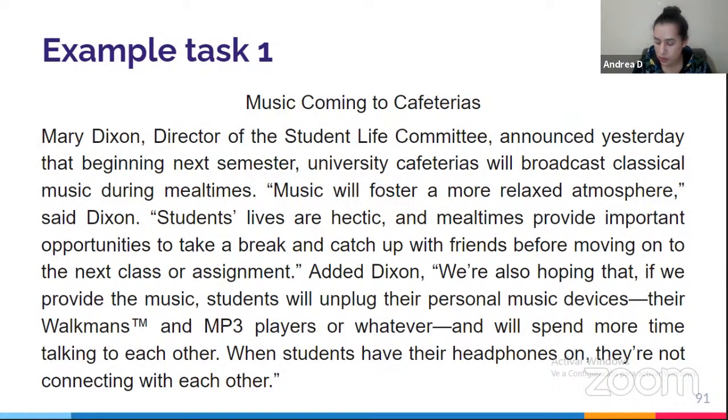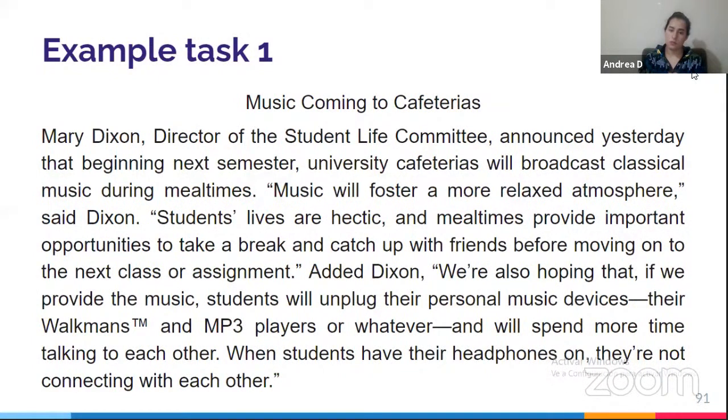Music coming to cafeterias. Mary Dixon, director of the Student Life Committee, announced yesterday that beginning next semester, university cafeterias will broadcast classical music during mealtimes. Music will foster a more relaxed atmosphere, said Dixon. Students' lives are hectic, and mealtimes provide important opportunities to take a break and catch up with friends before moving on to the next class or assignment, added Dixon.